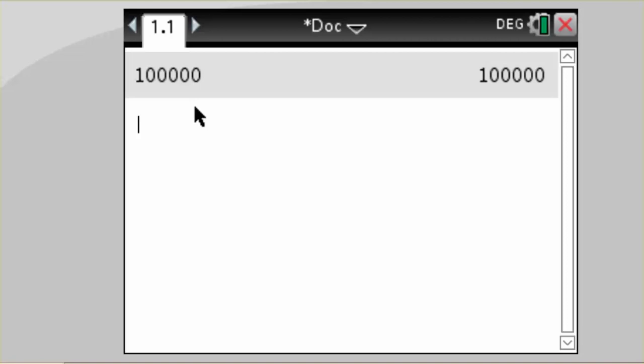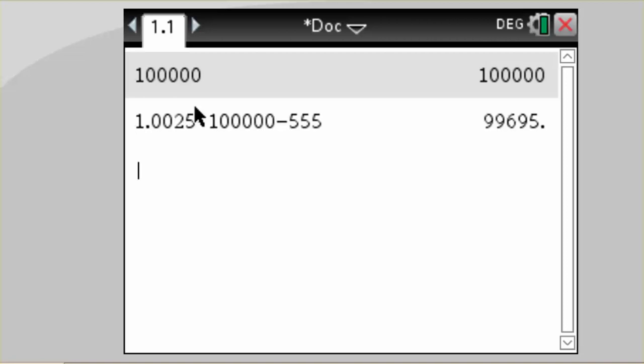So to get the next value, it's 1.0025 times the previous answer minus 555. Press enter. So that's the value at the end of year 1.